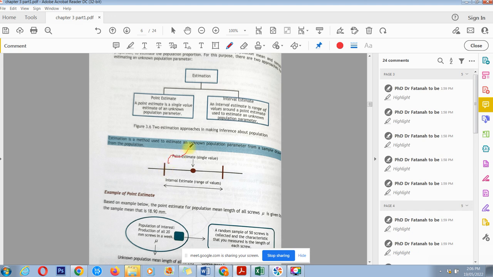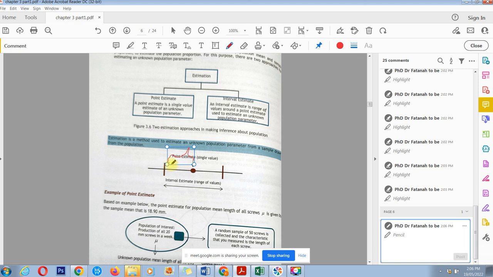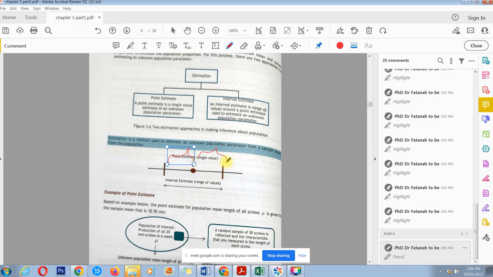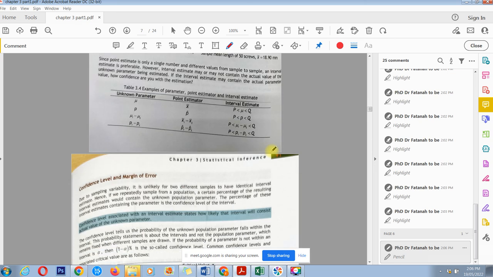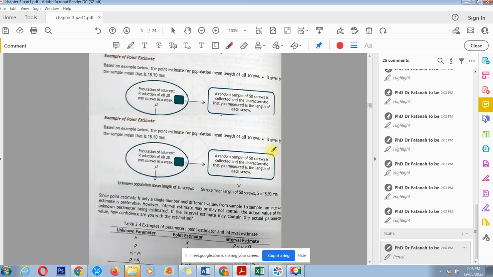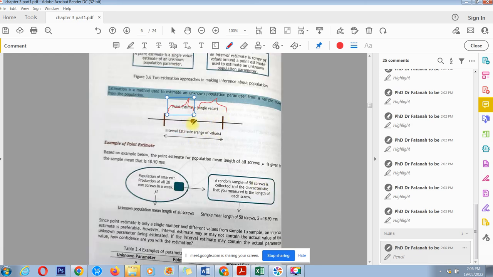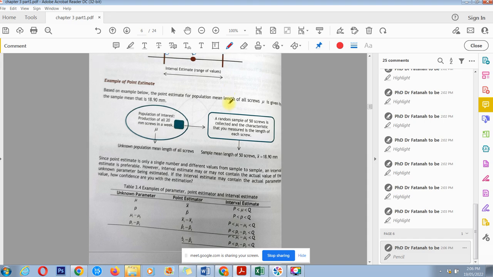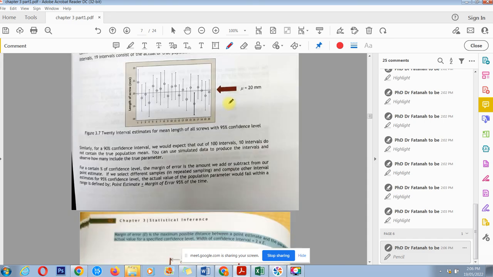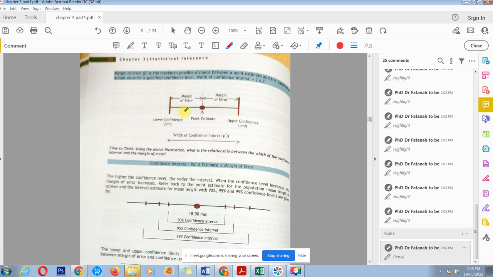We can see here there is a difference between the lower interval and the point, and then the upper interval. We call this the margin of error. This will give us a margin of error, a lower confidence limit and an upper confidence limit, which we call the CI, the width of the confidence interval.